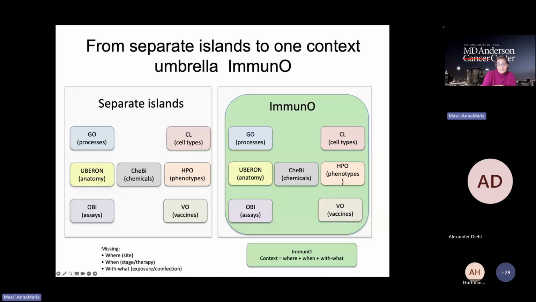So, for example, gene ontology represents gene function and processes in the cell, which has a part in immunology, but immunology itself is not its main domain of coverage.